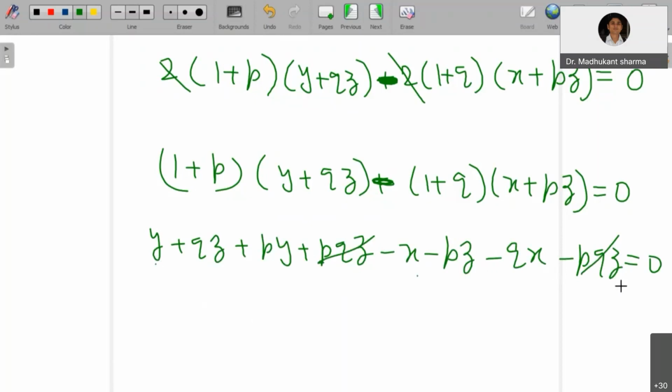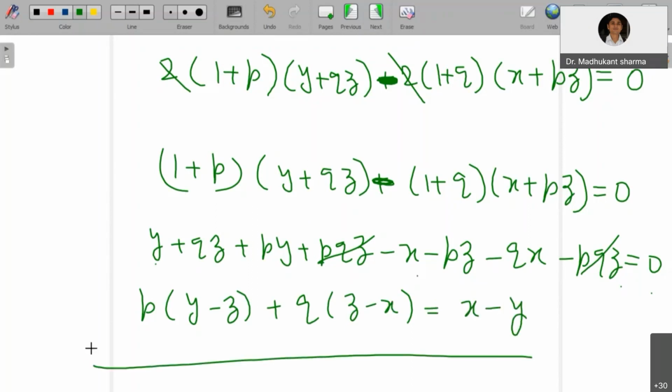So y minus x will be sent to the right side, and you have p coefficient as y minus z, plus q coefficient as z minus x. Right? Four terms are adjusted. That's equal to x minus y. Okay, so this is how you will solve such a type of problem.